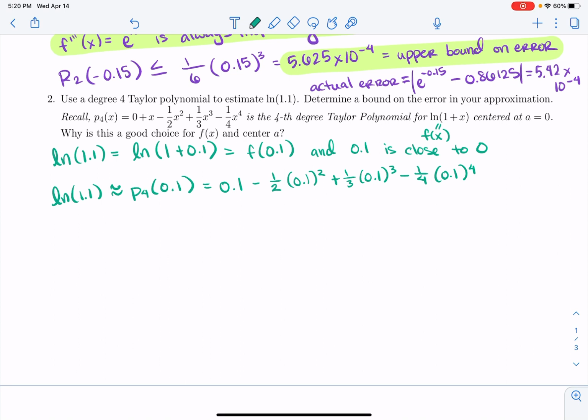And we can plug that into our calculator. And I get that this is equal to 0.953083. I could keep going, but that's the edge of my page. So I'm going to go with that.